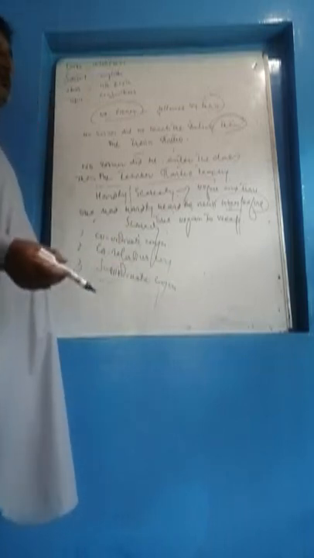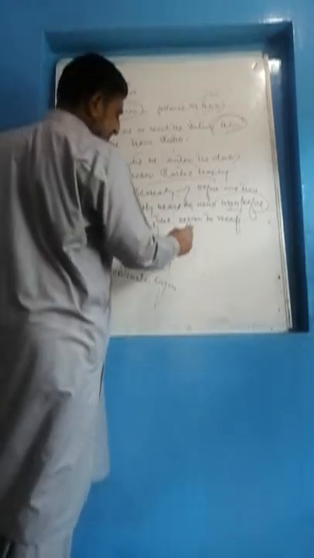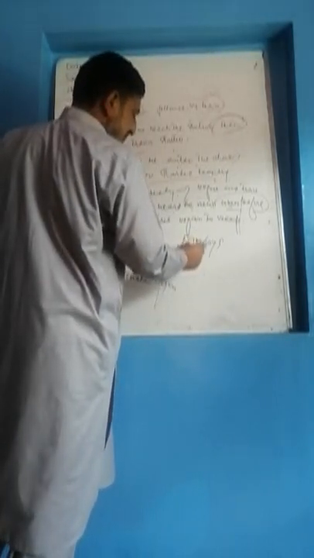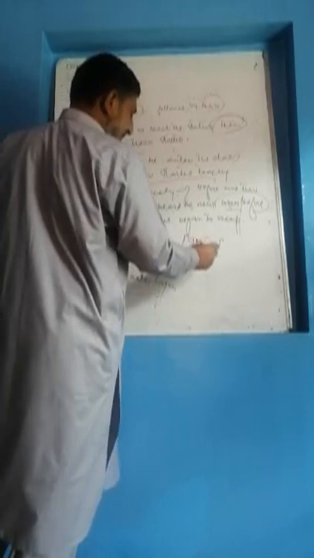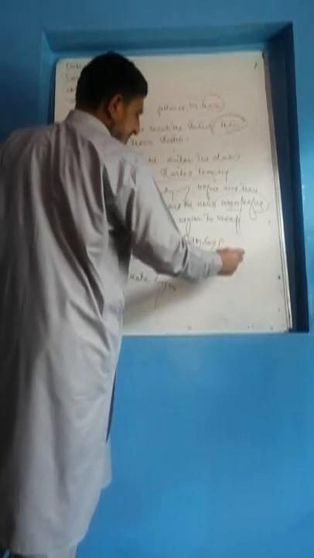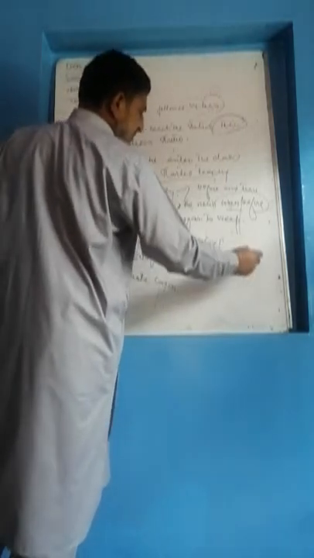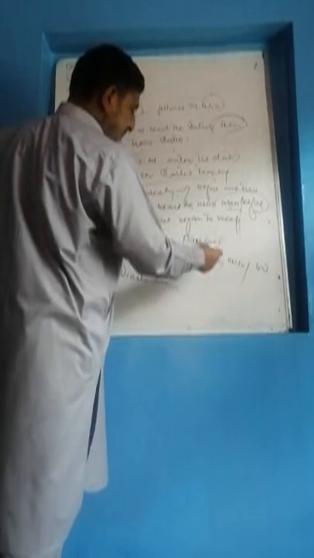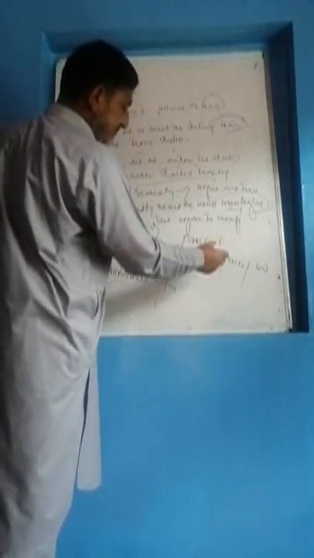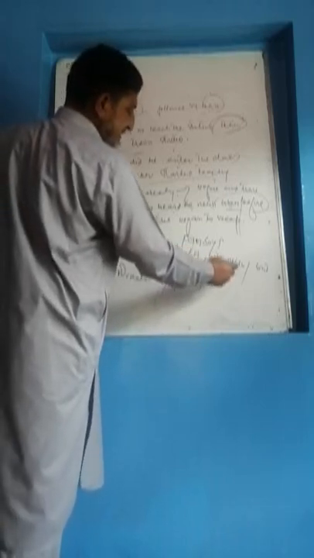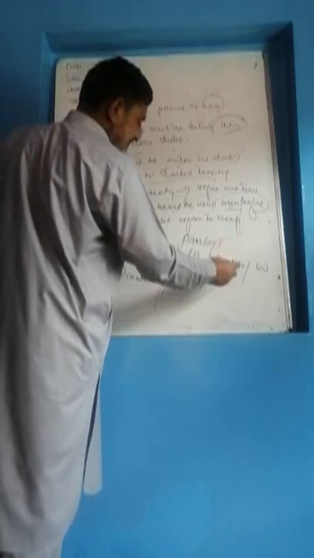So I told you about coordinate conjunctions, that we can also say FANBOYS: F stands for for, A stands for and, N stands for neither nor, and B stands for but, O stands for or, Y stands for yet, and S stands for so.